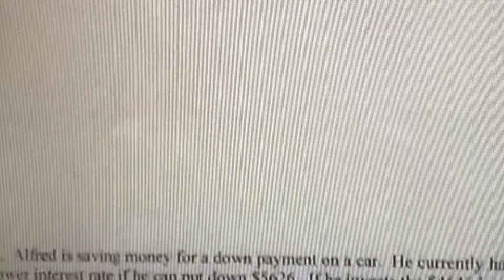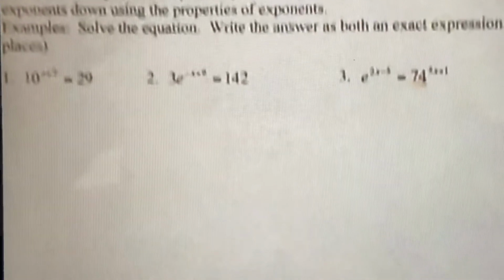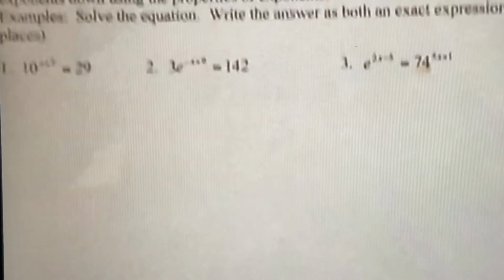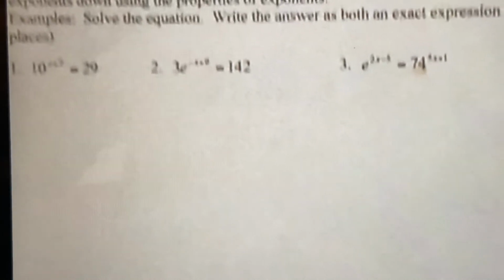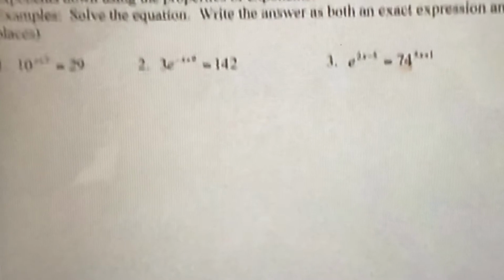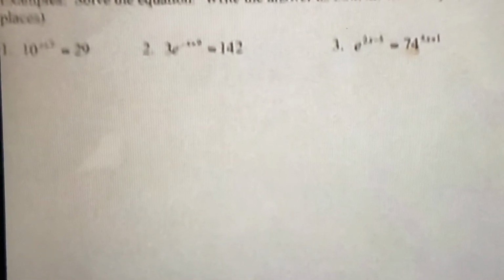Looking at number 2, I have to do a little tweaking first. The 3 in front of the e needs to be eliminated, because I can't take the log with a number in front, that 3 being in the way.